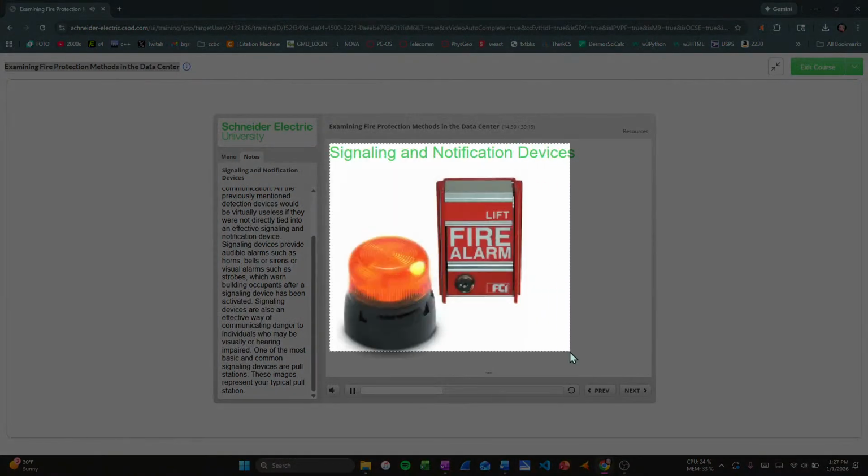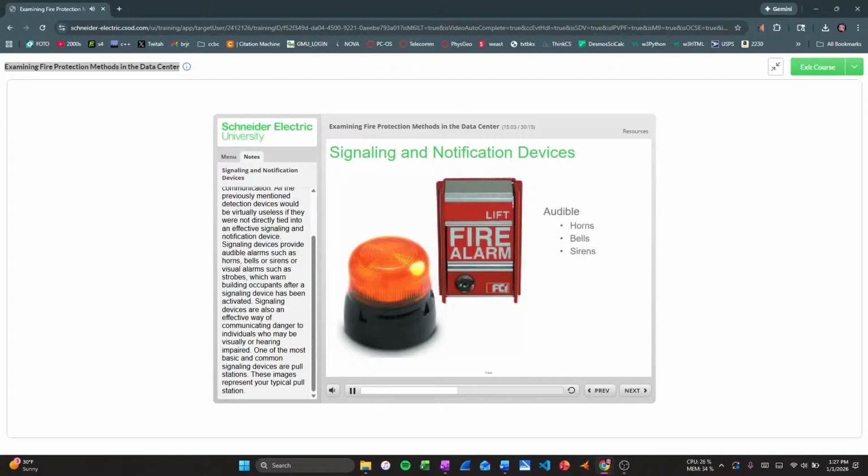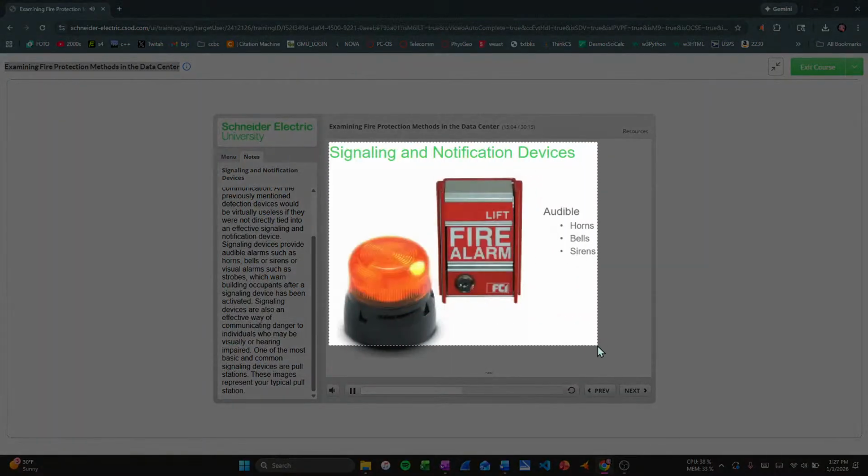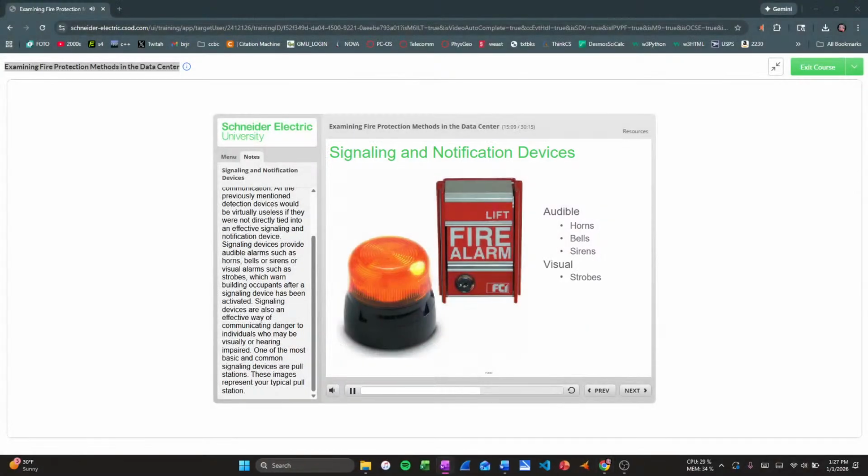Signaling devices provide audible alarms such as horns, bells, or sirens, or visual alarms such as strobes, which warn building occupants after a signaling device has been activated. Signaling devices are also an effective way of communicating danger to individuals who may be visually or hearing impaired.